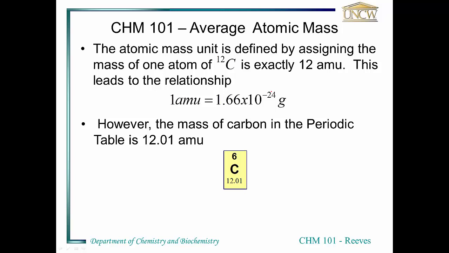But if you look at the periodic table, you'll see that carbon's atomic mass is not listed as 12.00, but rather 12.01. And the question is why? If by definition the mass of carbon-12 is 12.00, the only way that mass could be 12.01 is if another species were there, adding to the average mass.